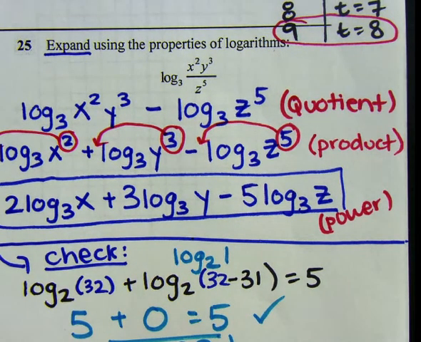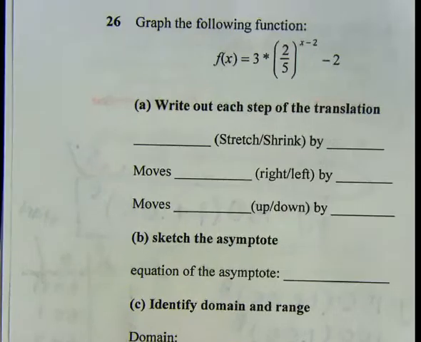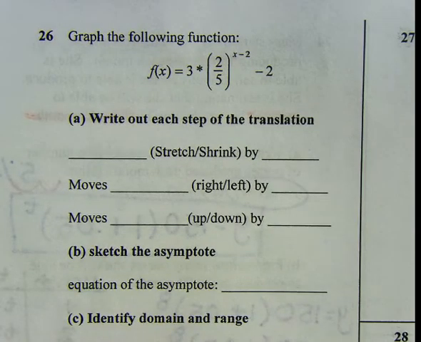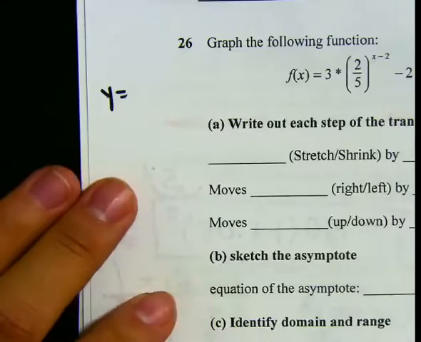Okay, moving on to 26. Graphing. So 26, I have this graph here. The first thing I need to find is my parent function, what my graph looks like.